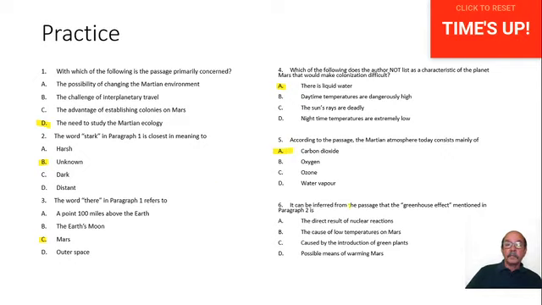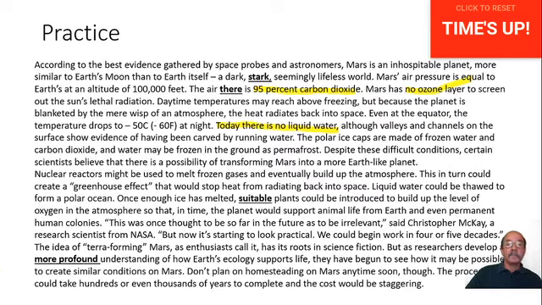Okay. And in the last one, it can be inferred from the passage that the greenhouse effect mentioned in paragraph 2. Here's the greenhouse effect. So nuclear reactors might be used to melt frozen gases, etc. This in turn could create a greenhouse effect that would stop heat from radiating back into space.